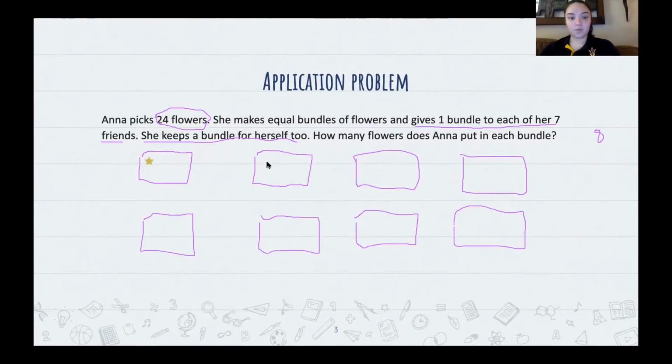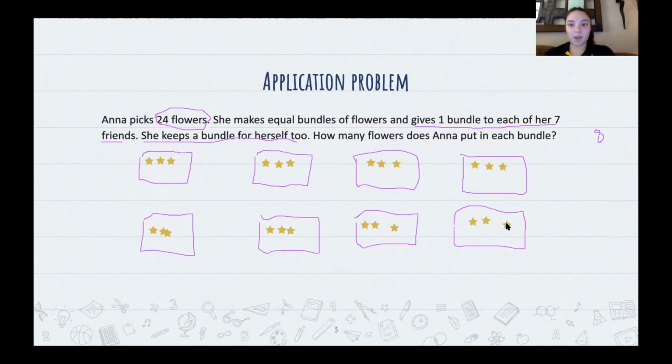So here we go. This is 1, 2, 3, 4, 5, 6, 7, 8. That's the first round of 8. 9, 10, 11, 12, 13, 14, 15, 16, 17, 18, 19, 20, 21, 22, 23, and now we hit 24.